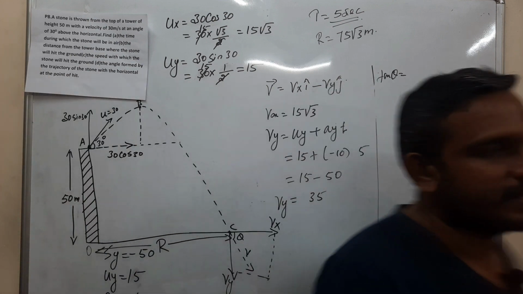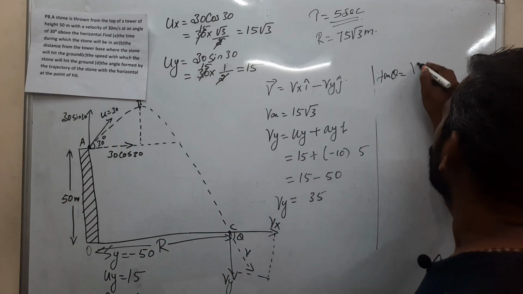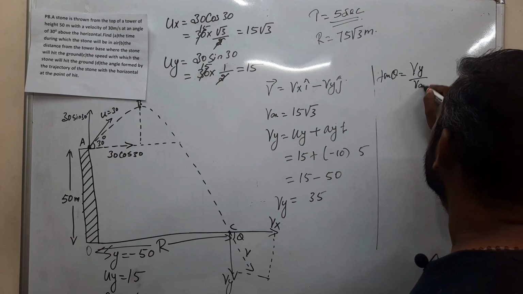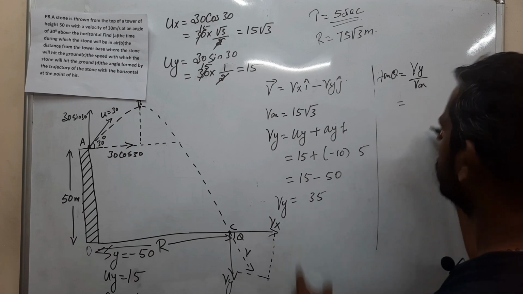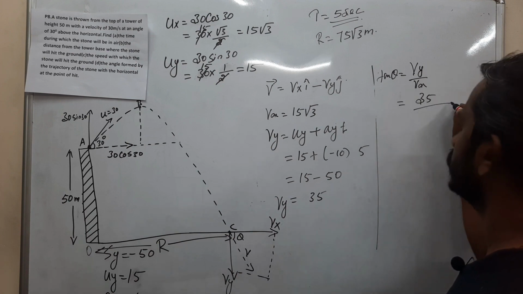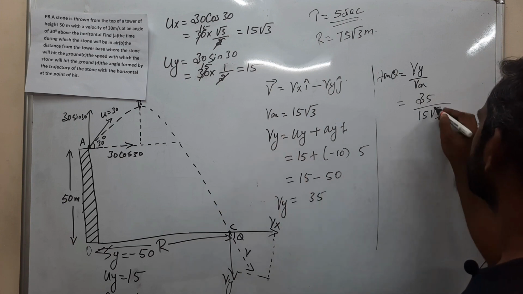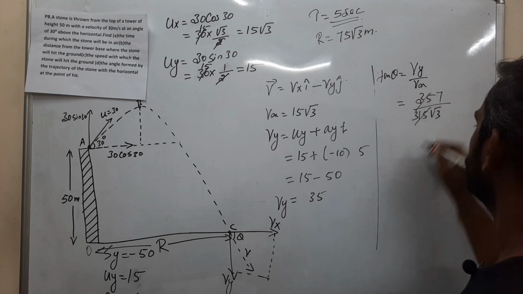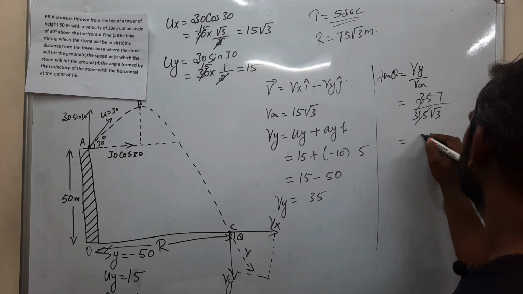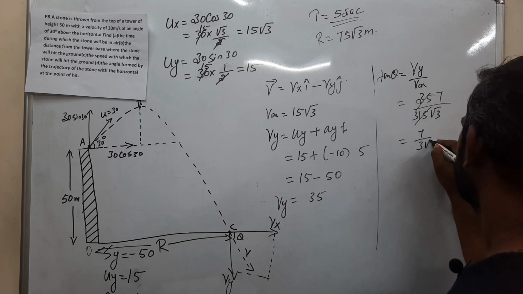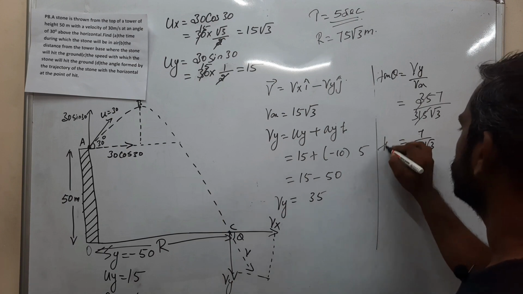So tan theta is equal to Vy by Vx. What is Vy? That is 35. What is Vx? That is 15 root 3. So 3 times, so 7 times. So that is equal to 7 by 3 root 3. So this is tan theta.